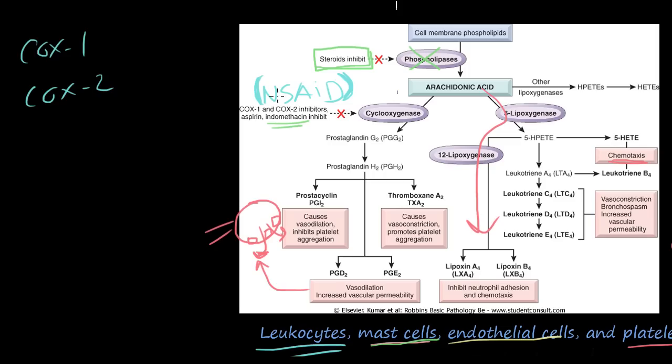The NSAIDs take out both versions of the cyclooxygenase enzyme, which is a good thing, because the drug takes out both types of these enzymes, so you don't have the vascular inflammation response augmented over time through these prostaglandins and these thromboxanes.